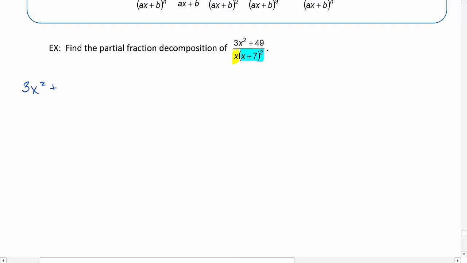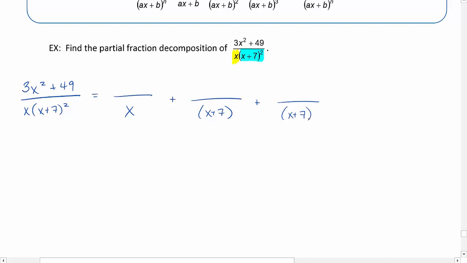3x squared plus 49 over x times x plus 7 squared is going to be equal to, so our first denominator is just x, the next one's going to be x plus 7, and the third one is going to be x plus 7 squared. The factors in the denominator are linear, because again, we're ignoring that squared there.